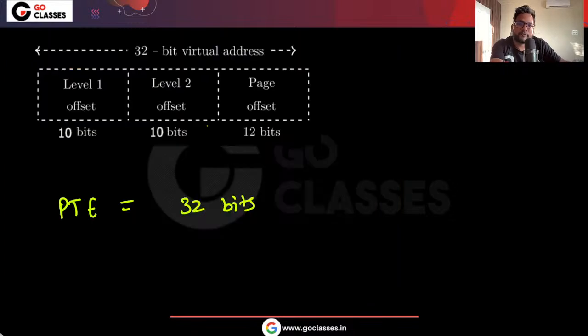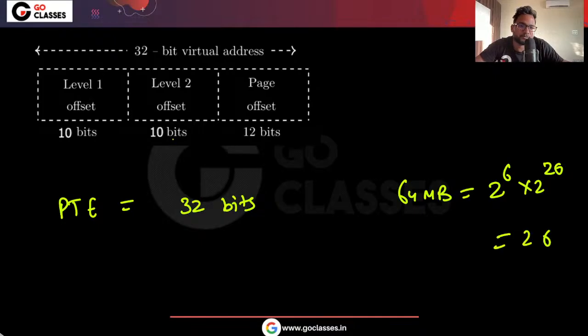From that I can find out the page offset. If it is a 64 MB virtual address space, that means 2 power 6 into 2 power 20, which is 2 power 26 bytes.